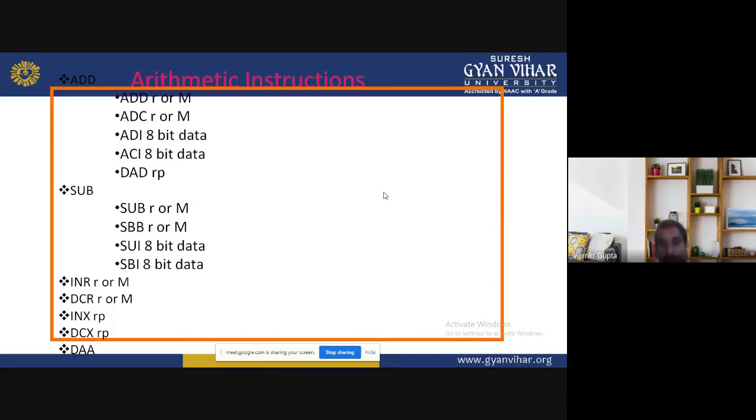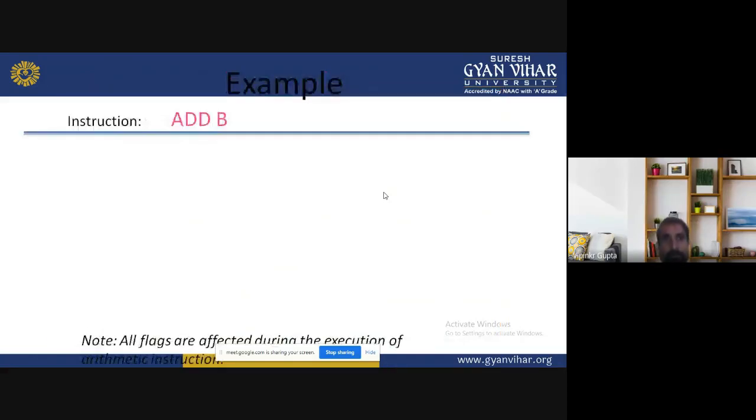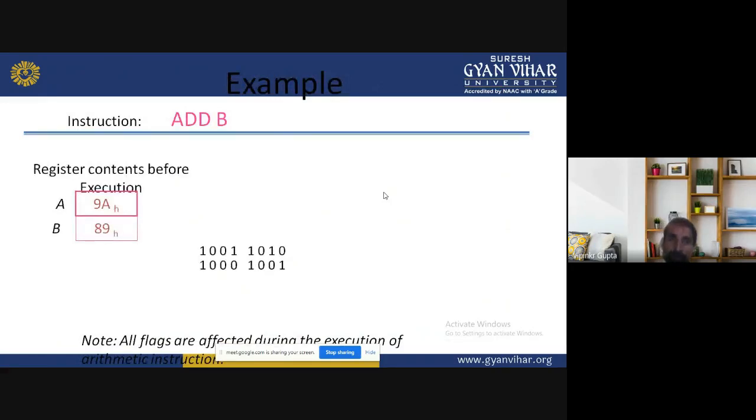So one by one we will discuss. The first instruction in the arithmetic group is ADD B. What is the meaning of ADD B? ADD B means, as I already mentioned, that addition will be performed: the first operand is available in the accumulator and the second operand is available in the B register.